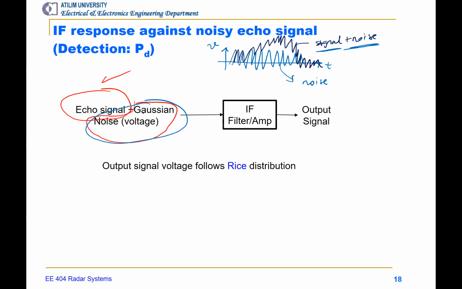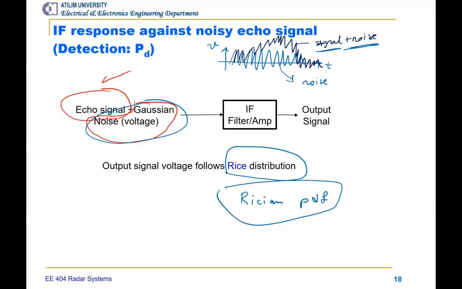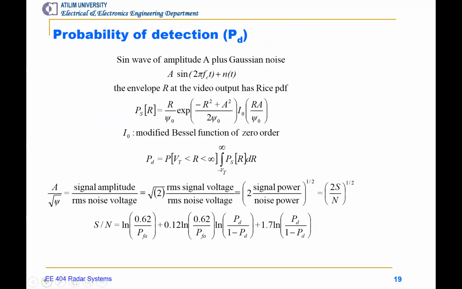So what happens if we have such an input signal on the output of the IF stage? If we got such a waveform, the output signal envelope follows the Rice PDF. The previous one was Rayleigh. Now that's Rice. Here is the probability of detection then.